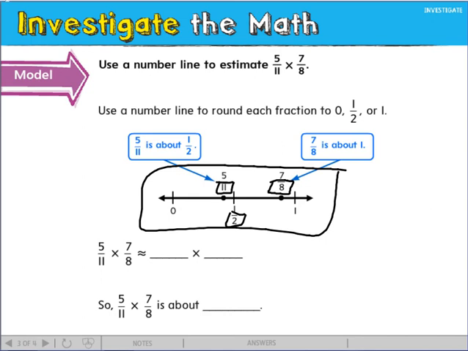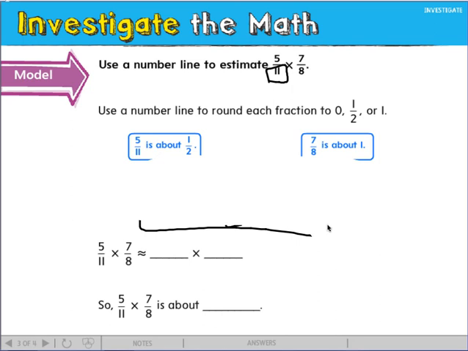Okay. So what I'm going to suggest is a much easier way of figuring out whether this is 1/2, 1, or 0. So we're going to start with 11. We're going to draw a line.